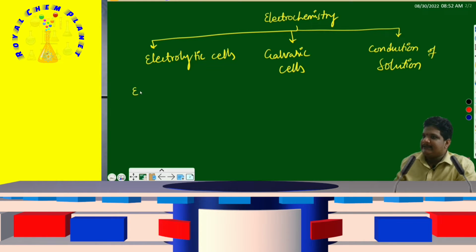In the case of electrolytic cells, electrical energy will be converted into chemical energy: due to the passage of electricity, a chemical reaction takes place.